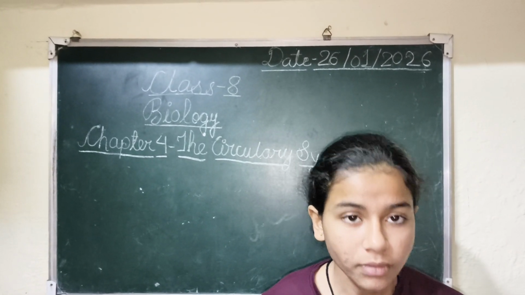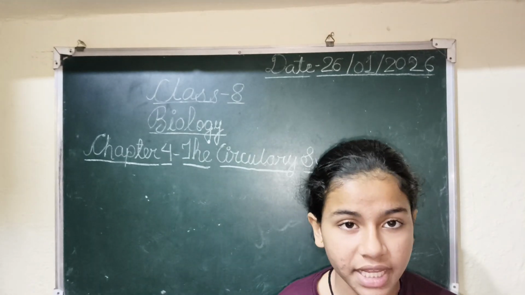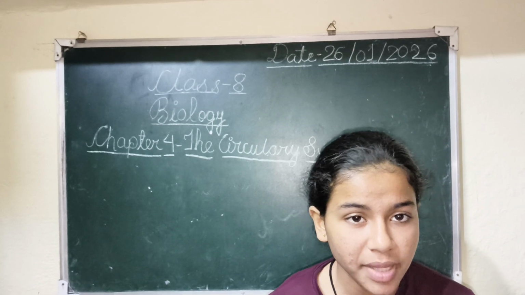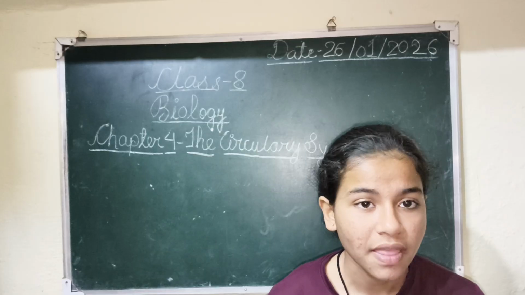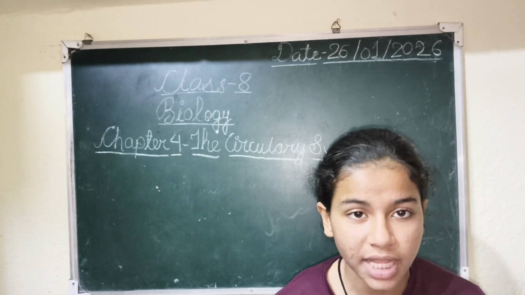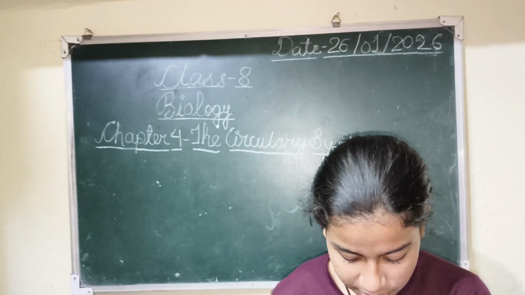So whenever cardiac arrest happens, the cardiac muscle stops pumping the blood, and the person dies because of not getting blood, and the blood oxygen is also not delivered. Name the components in the lymphatic system.